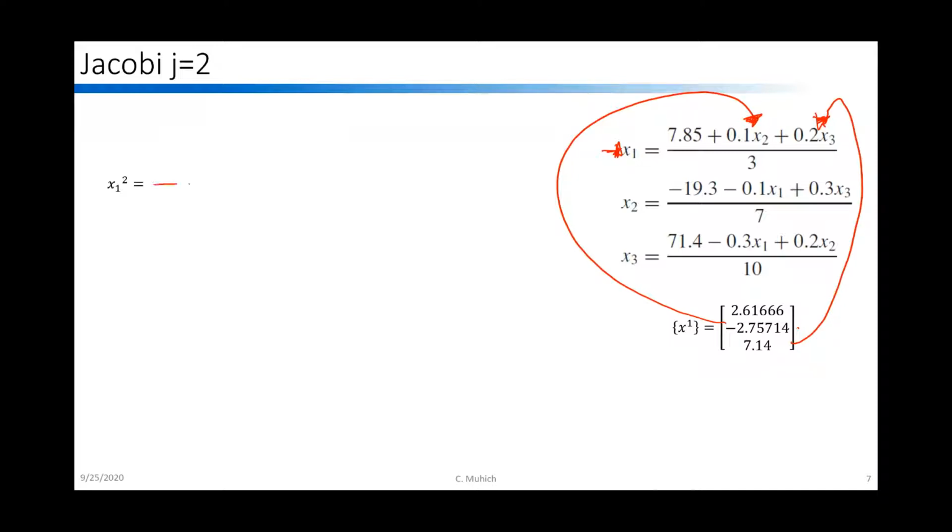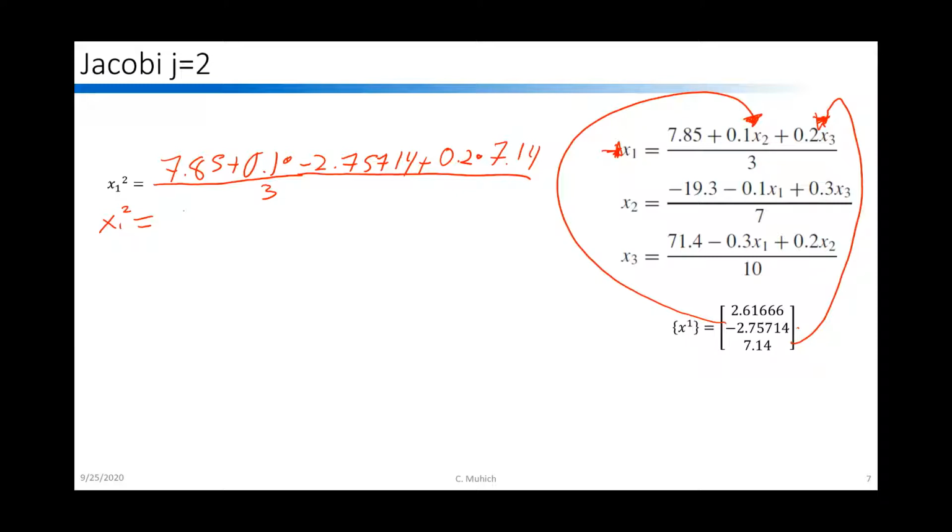So let's do this out. I have 7.85 plus 0.1. My x2 guess is now negative 2.75714 plus 0.2 times my guess for x3, that's 7.14, all over 3. And that's going to give me an x1 guess in my second iteration of 3.0007. Okay.